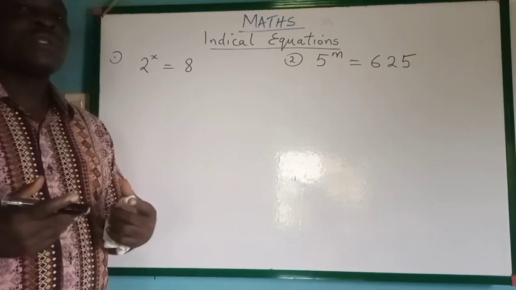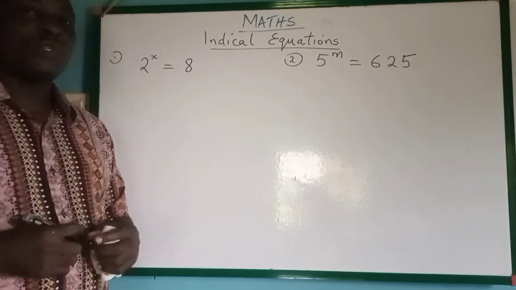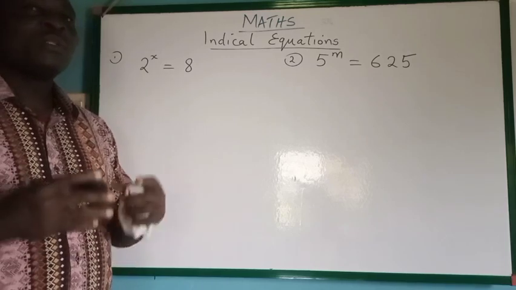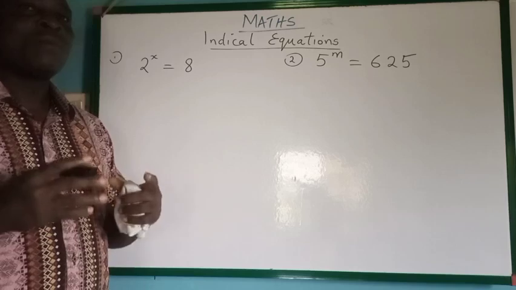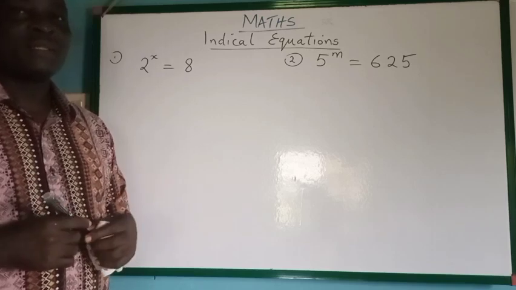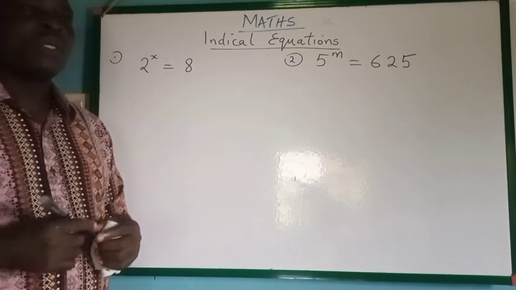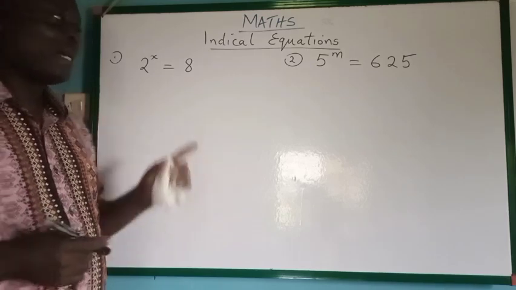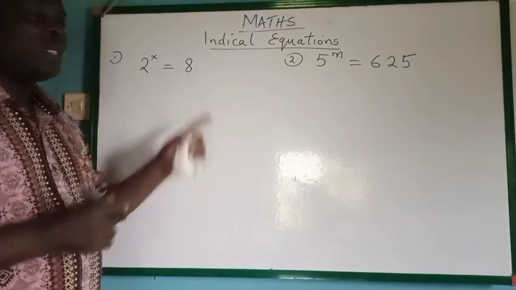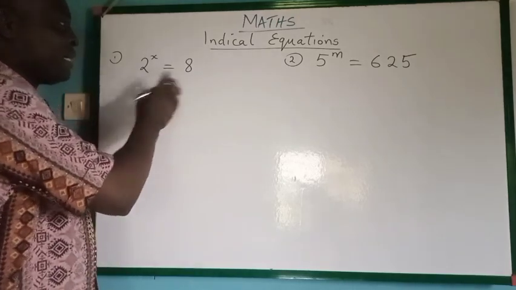First of all, let us discuss what an equation is. An equation is gotten from the expressions that are on both sides of an equality sign. That is why they are called equations. And this is divided into two parts, the left hand side and the right hand side. The left hand side and the right hand side are equal.